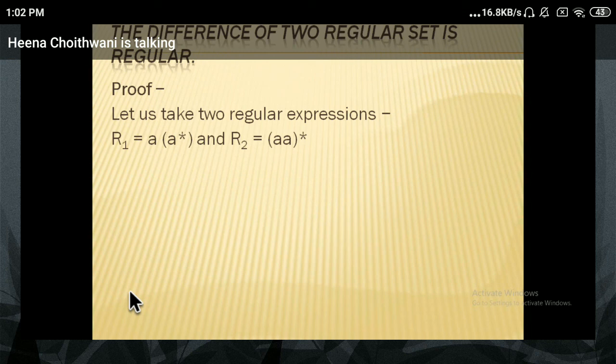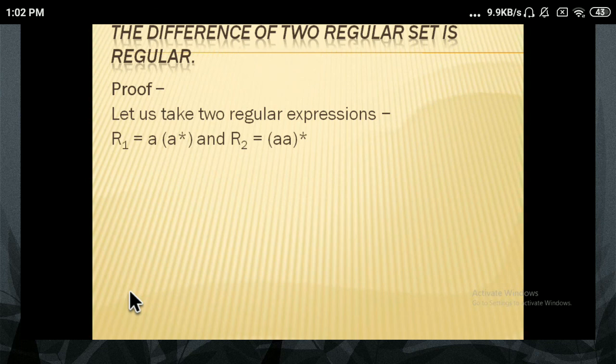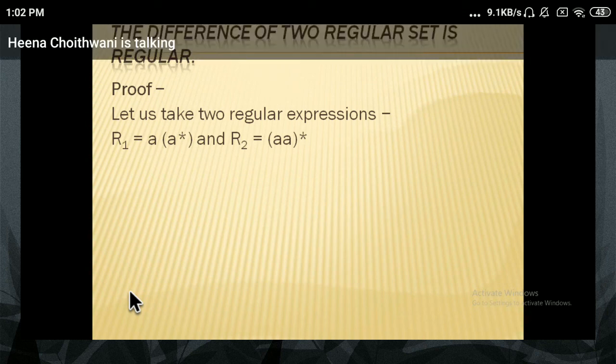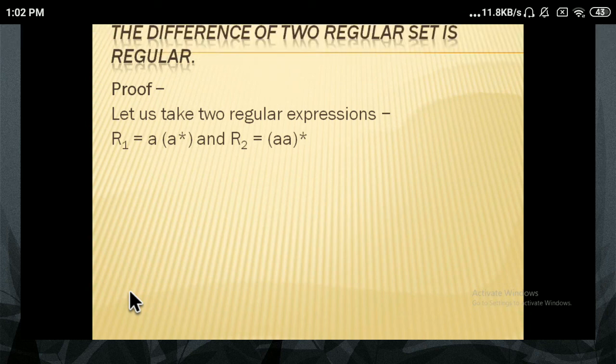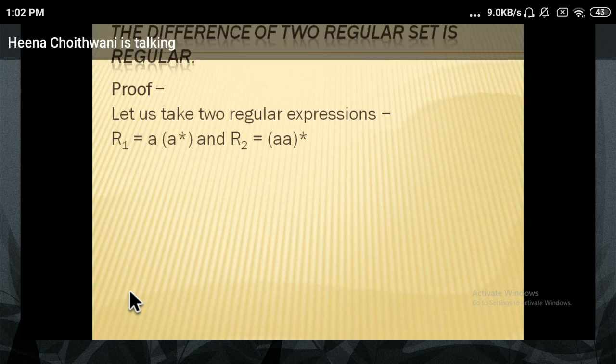So how do we write A with odd length using the star closure? We can't write A plus. I got one answer from Priyanka.